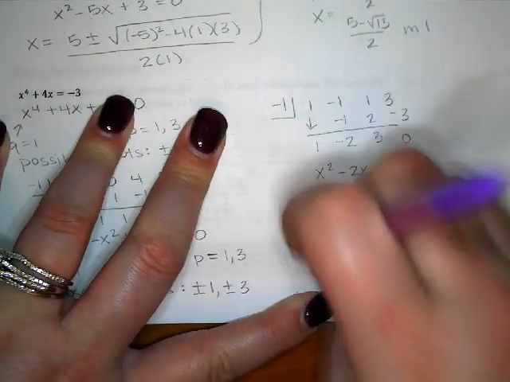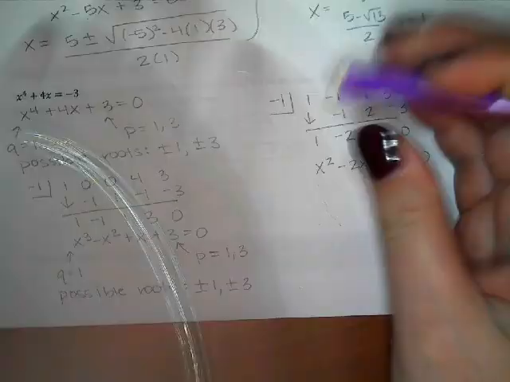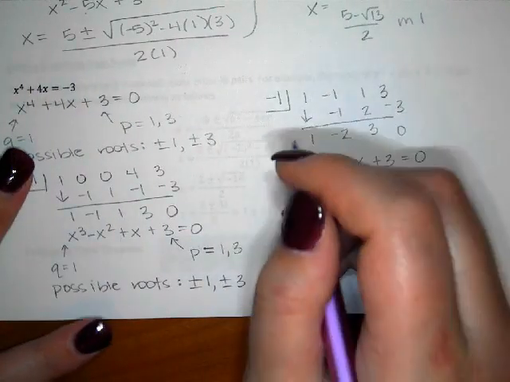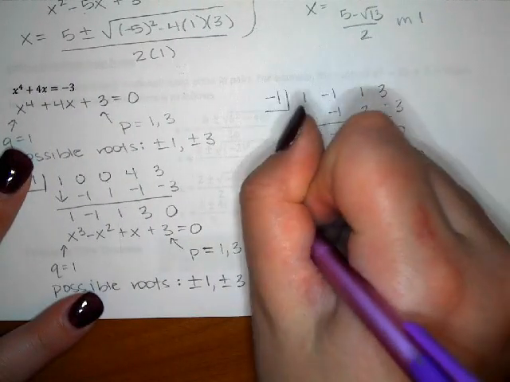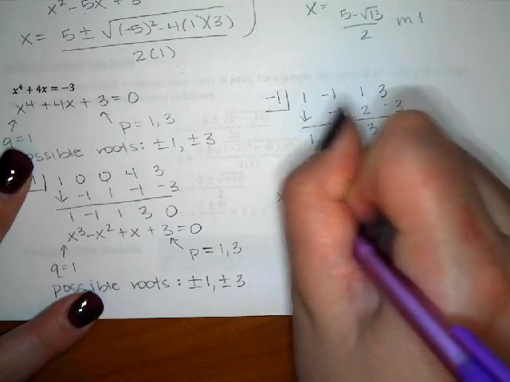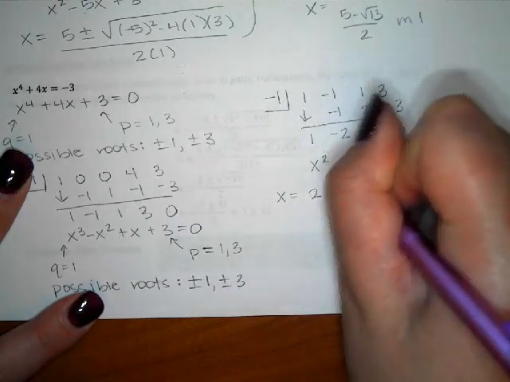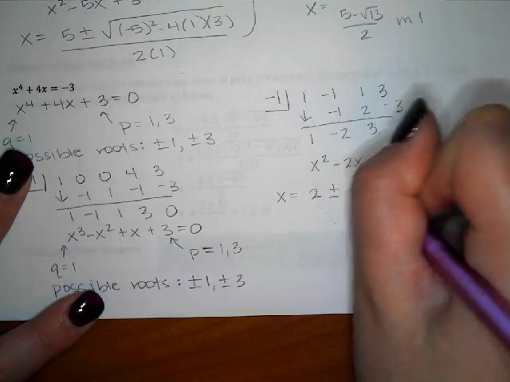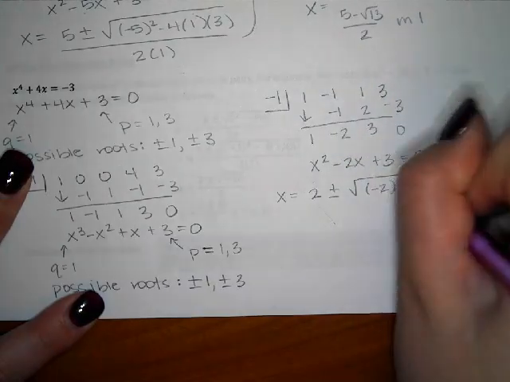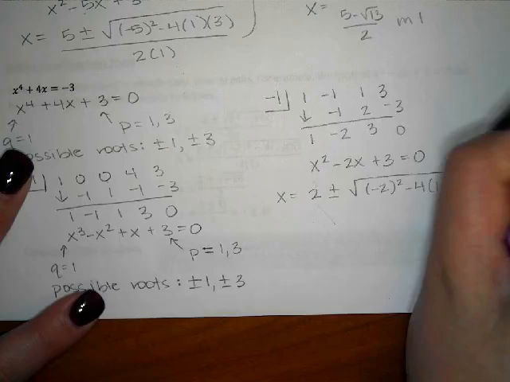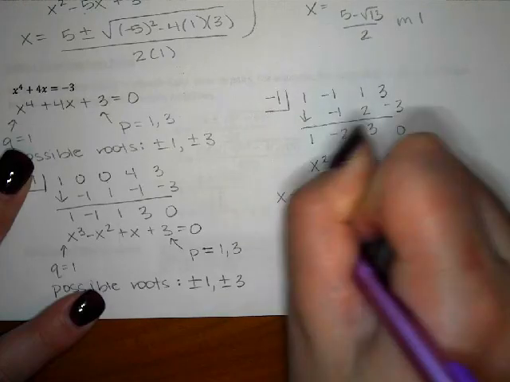I was really hoping there for a second. Okay, so quadratic formula, negative b plus or minus square root of b squared minus 4 times a times c, divided by 2a.